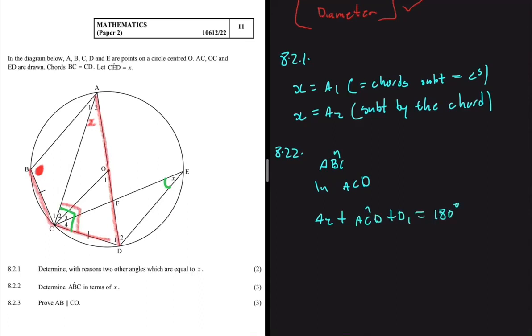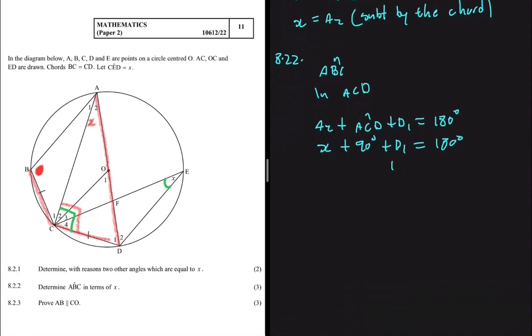So now we have A2 is X, and then angle ACD is 90 degrees, and then plus D1 should be equal to 180 degrees. If we solve for D1, we shall get 180 minus 90 minus X. So D1 should be 90 degrees minus X. So this angle here, D1, is 90 minus X.